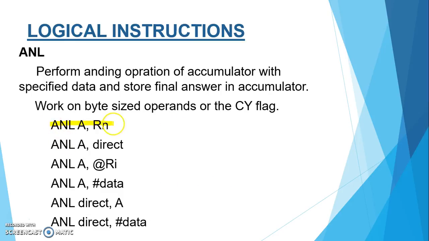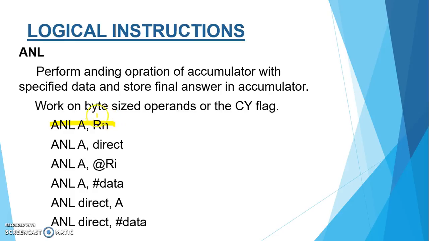The first type of format here is ANL A, Rn. That means when you write this instruction, it does the logical ANDing between the accumulator's content and the register from R0 to R7. Suppose you have written ANL A, R0, then it is going to AND the content of A with R0's content, and the result will be stored into the destination register.